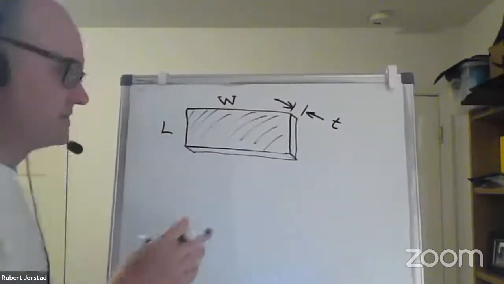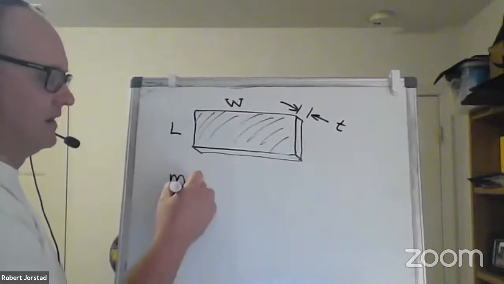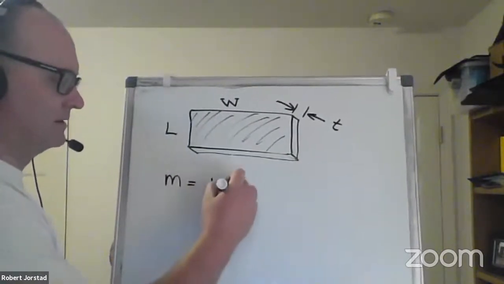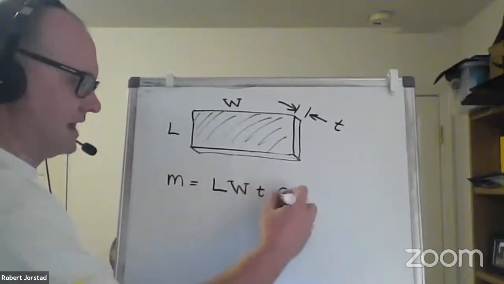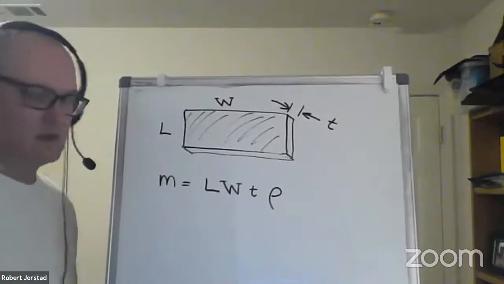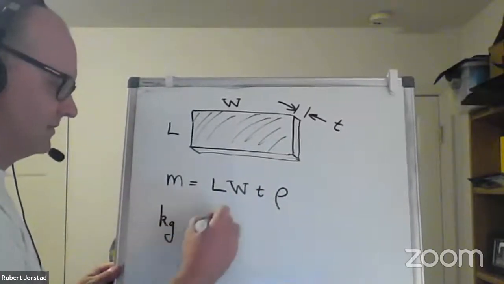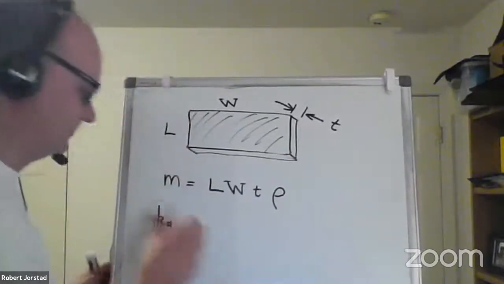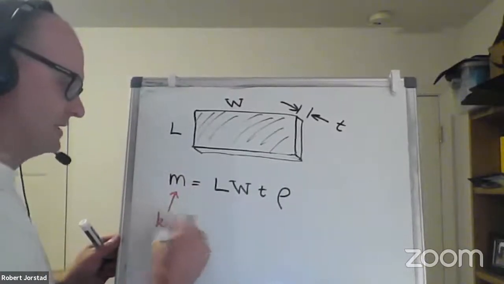Now in all of these problems, you might notice there's masses in the numerator and the denominator. The mass of this would equal length times width times thickness times density. Now, if you look at the units of this, this is kilograms. It's a mass.